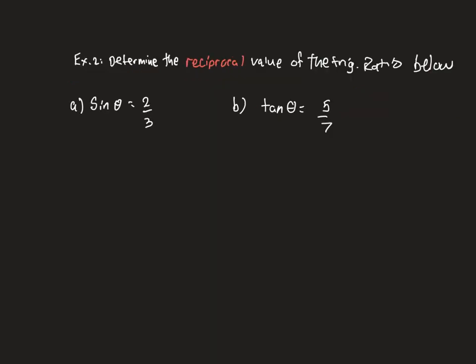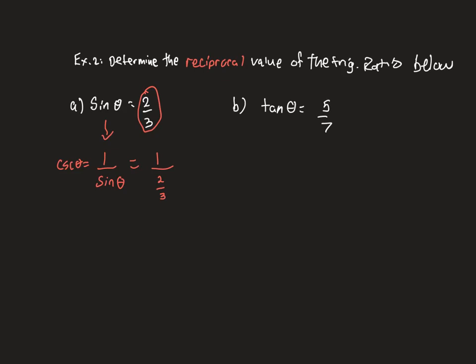Okay, so continuing on, let's take a look at these type of questions. When you want to find the reciprocal, this is now going to turn into 1 over sine of theta. And of course, this is cosecant. And if it's 1 divided by sine of theta, what is sine of theta? This. So it's 1 divided by 2 over 3.